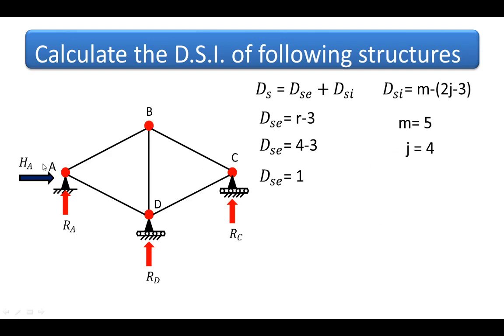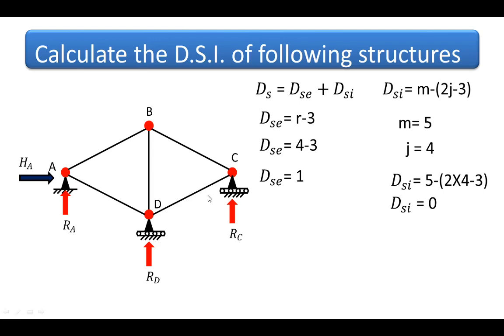Then J is equal to 4: A joint, B joint, C joint and D joint. Then put these values into our formula. DSI is equal to M is equal to 5 minus in bracket 2 into 4, the joints. So 4 into 2, 8 minus 3. So that becomes 5. So 5 minus 5, that becomes 0. So here DSI is equal to 0.